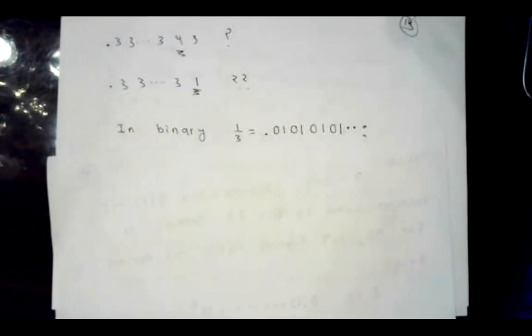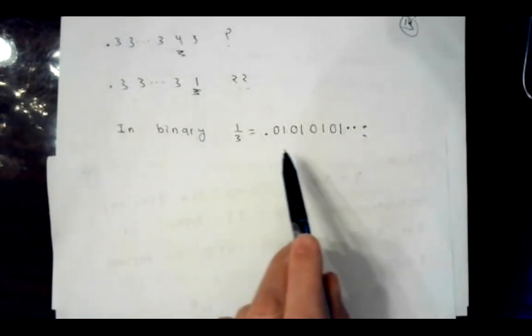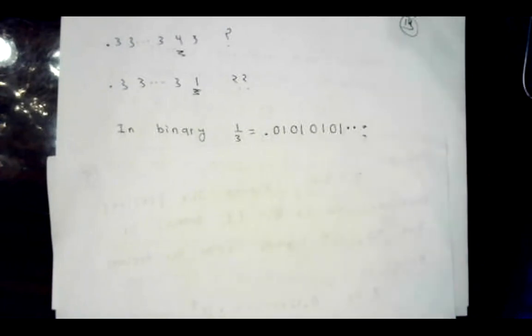In binary, if you write out what 1/3 is, it's an infinite repeating binary number, just as it is in decimal. But unlike what happens in decimal, the digits aren't all the same. 1/3 in binary is 0.01010101, and so on and so forth.